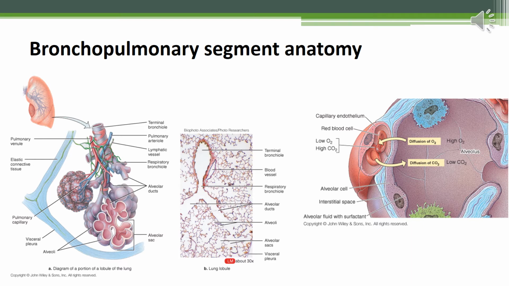So here over at your right, it depicts the diffusion of gases across the membrane. So here in this blood vessel right next to the 2-cell thick alveoli membrane, we have a low O2 concentration and a high CO2 concentration.